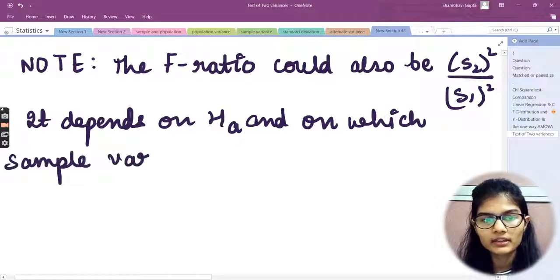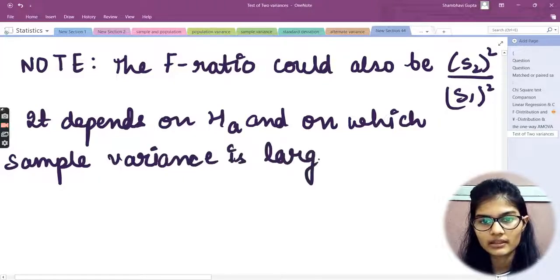So it depends on HA, that is the alternate hypothesis, and on which sample variance is larger.